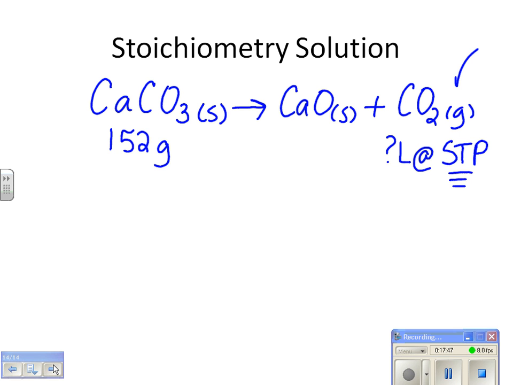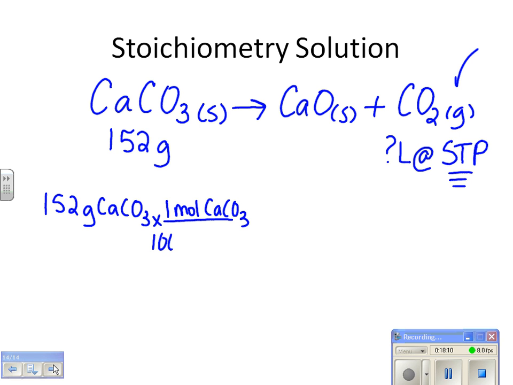Okay. So, write down your given, which is 152. And what do we have to do in a balanced equation? Can we use grams? No. We have to convert to moles. 1 mole of calcium carbonate has a molar mass of 100.09 grams per mole. So what does that do?